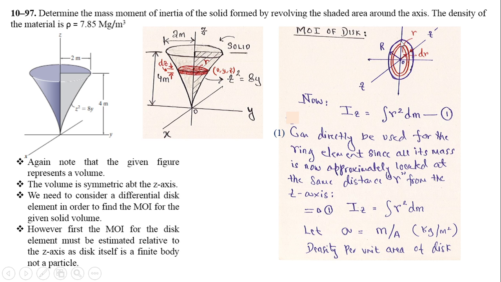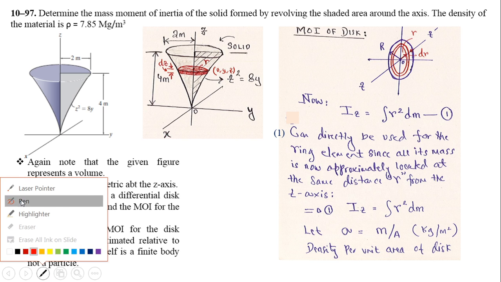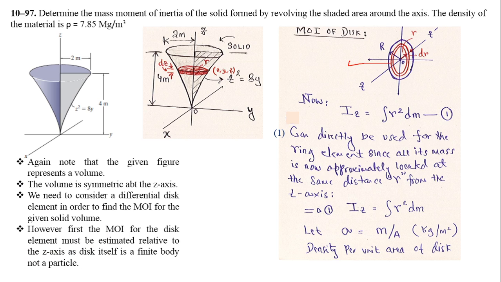For this, we will consider our disk element, and we say that the disk has a radius of capital R, measured from this z dash axis, and we have considered a ring element inside this disk. Using this ring element we can calculate the moment of inertia of this disk element.